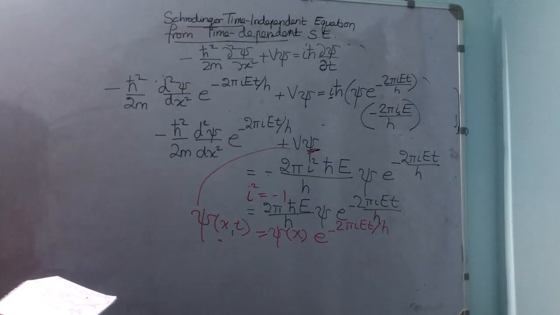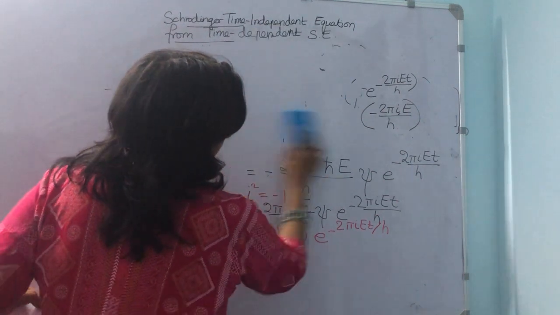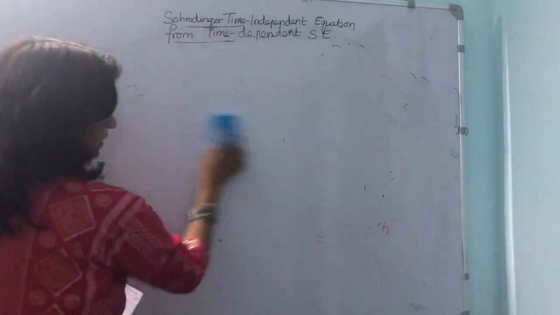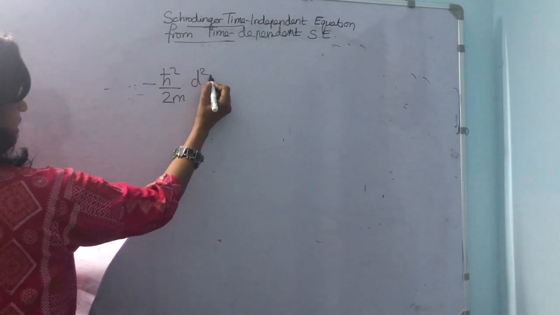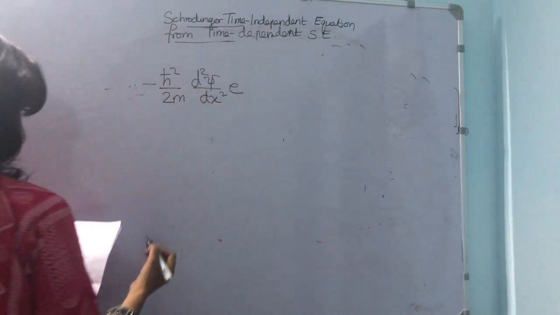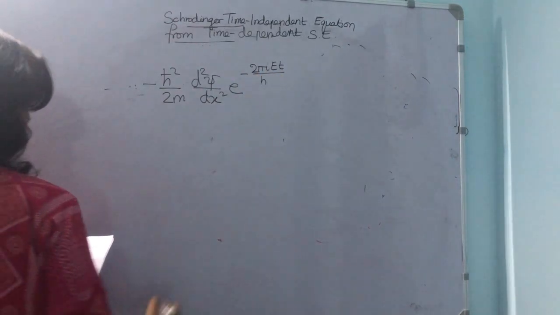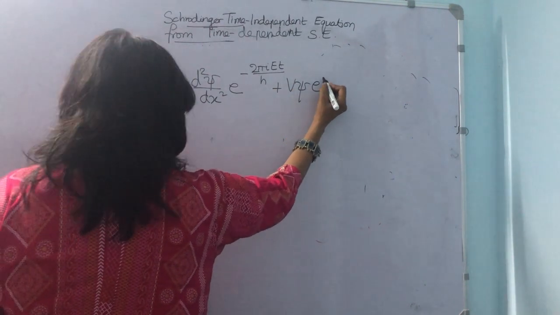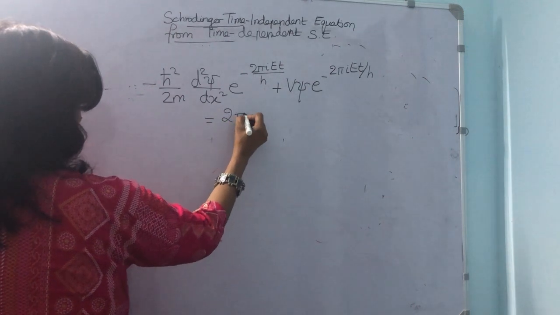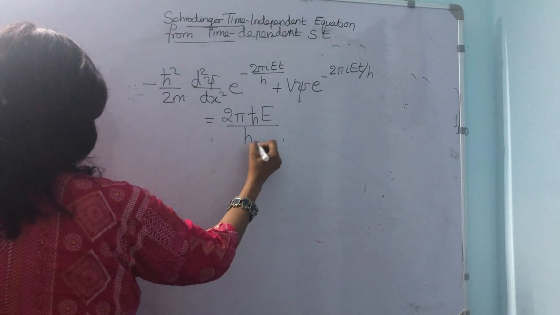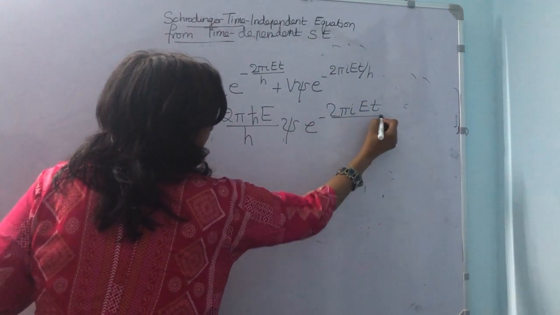After putting this value here, the final expression comes out as minus h bar square upon 2m d2 phi by dx2 e^(−2πi Et/h) plus V phi e^(−2πi Et/h) is equal to 2π h bar E upon h phi e^(−2πi Et/h).